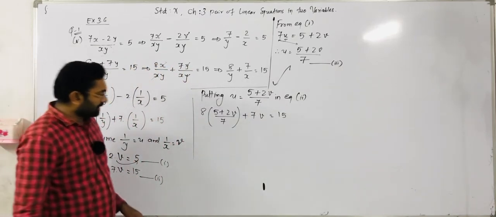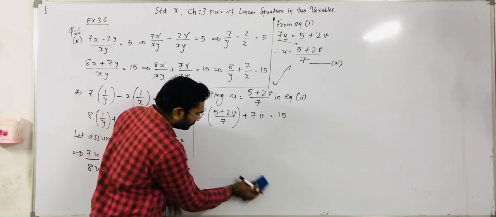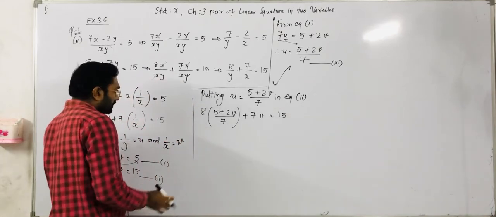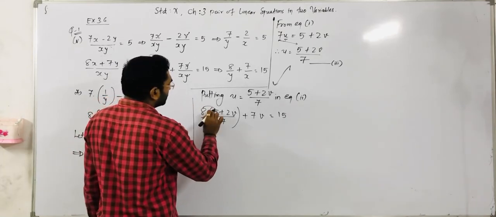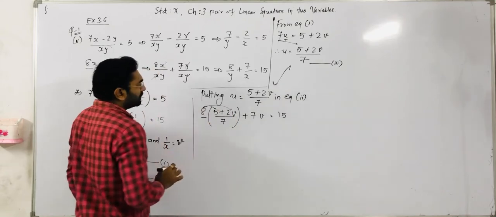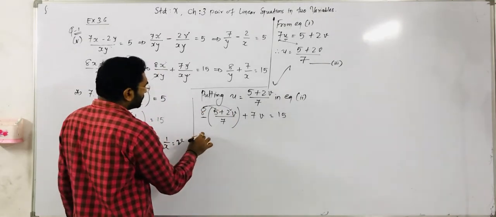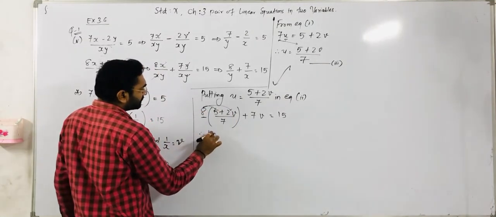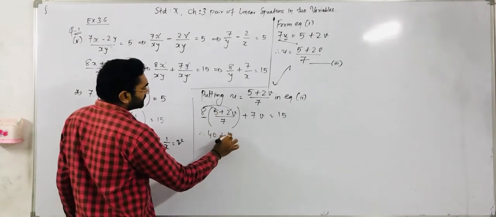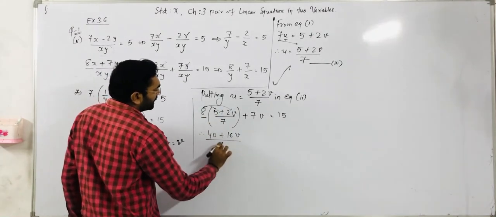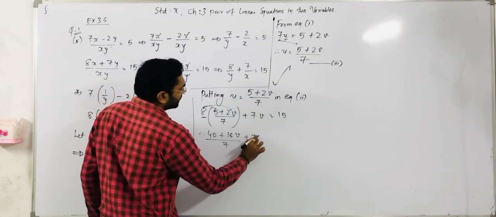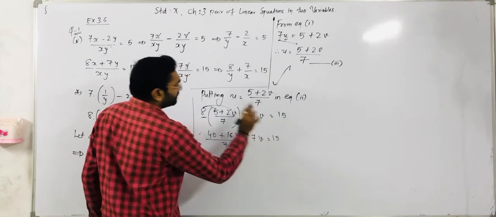Now the 8 is multiplied with both terms in the bracket. So 8 fives are 40 plus 8 twos are 16v, divided by 7, plus 7v is equal to 15.